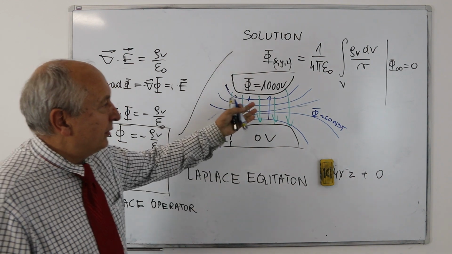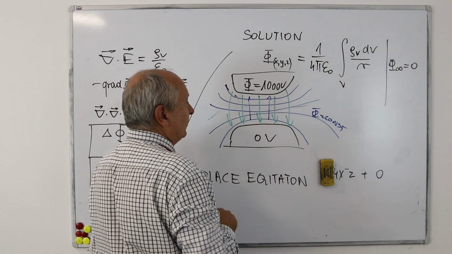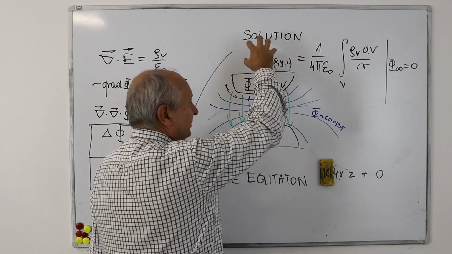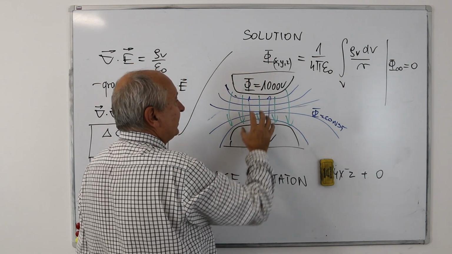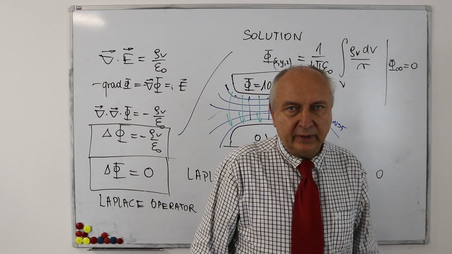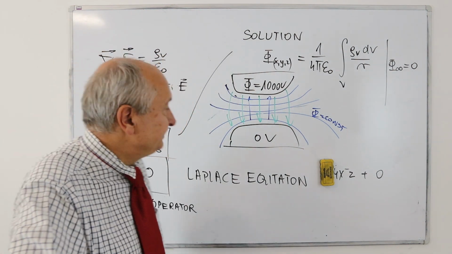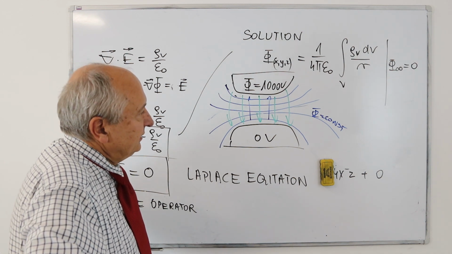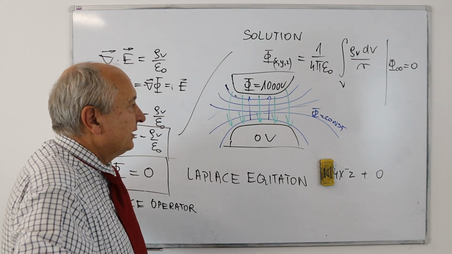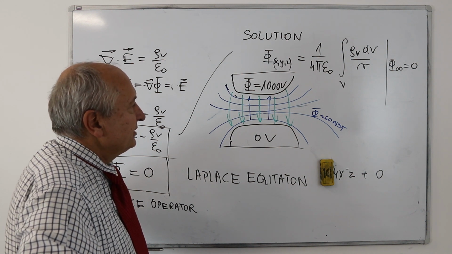In this way, for example, when we have a laser that is excited by electric field, we can obtain the optimum electric field distribution, so that when we have breakdown, we excite the plasma that we have here in a uniform way. This is to obtain an impulse laser of high power. And there are a lot of different applications of this method for finding the electric field distribution in space.